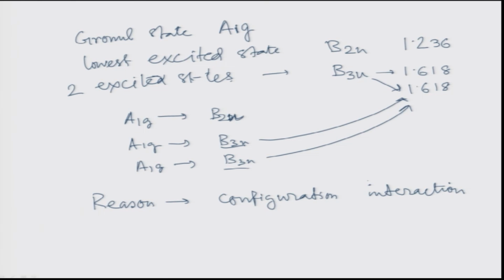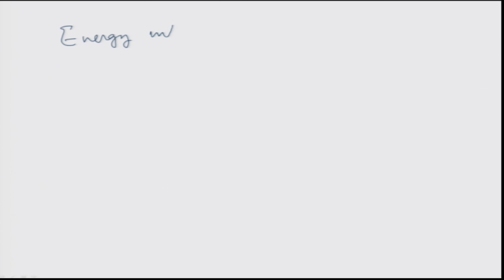Whenever we wanted to find the energy of any given state, we looked at the energy integral. The energy integral that we looked at was something like this: the Hamiltonian sandwiched between psi 1 and psi 2.